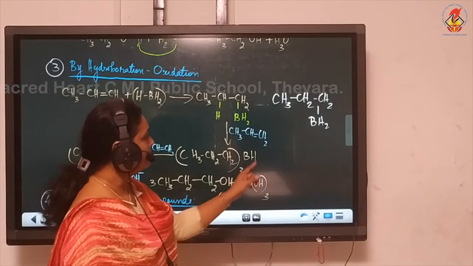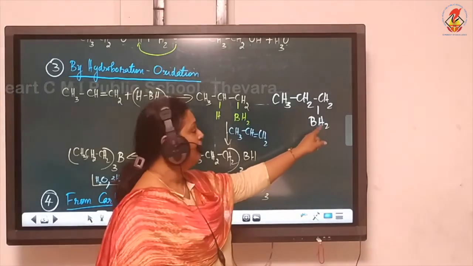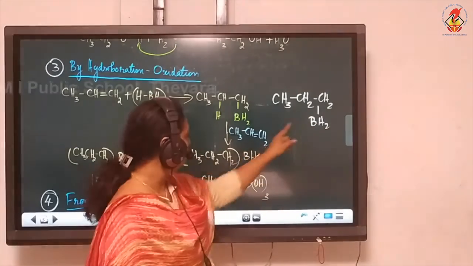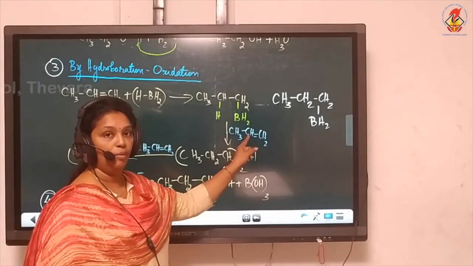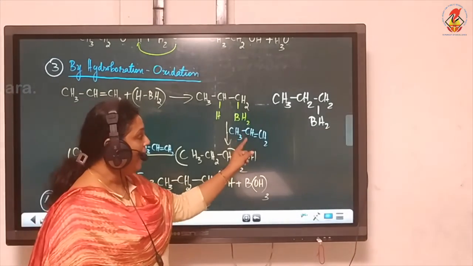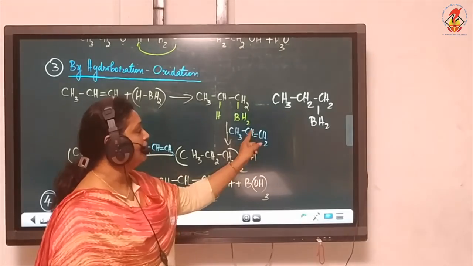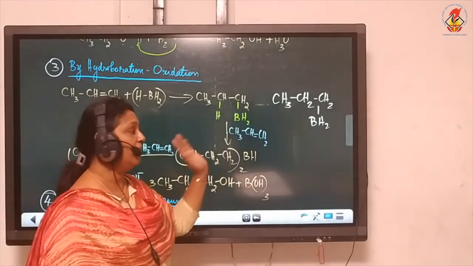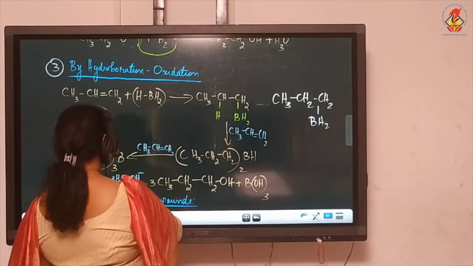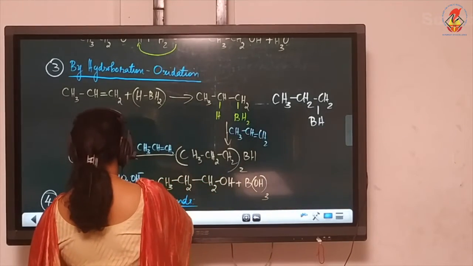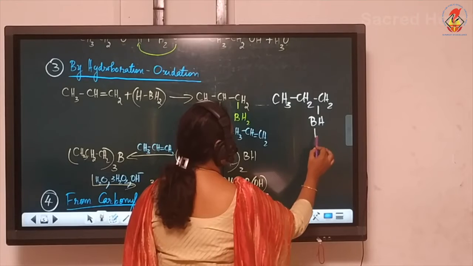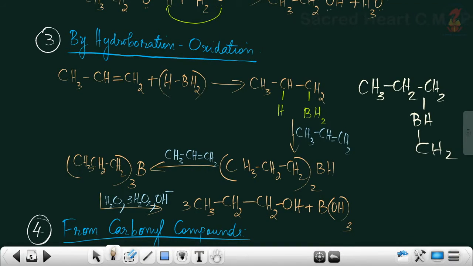Now what happens is, from BH2, one hydrogen will be added to the carbon of the double bond with less number of hydrogen, and BH will be added to the double bonded carbon with more number of hydrogen. So I am going to remove one hydrogen from this BH2 and add this alkene, and you get CH2 single bond.